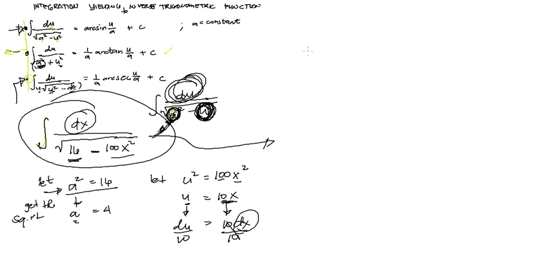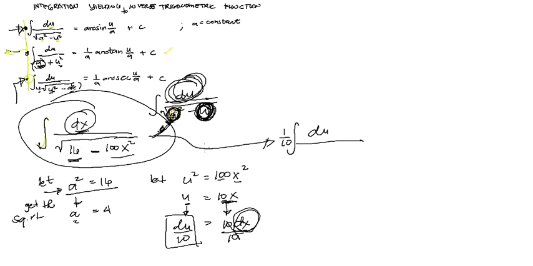So simply we have the integral of dx. Dx is just equal to du all over 10, or 1 over 10 du. I only wrote the 1 over 10 outside the integral sign.